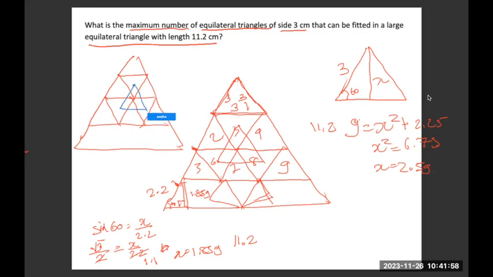So 1, 2, 3, 4, 5, 7, 8, 9, 10, and 11. This is more. How is it more?